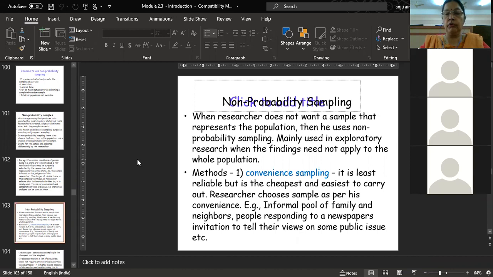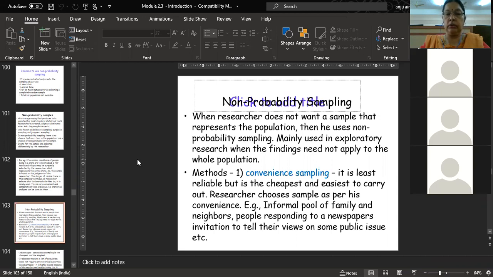Suppose you want to find out the opinion of people regarding a public issue. You want to find out what their opinion is regarding some issue. So you will collect as per your convenience. You will collect your family members, your neighbors, those who are staying close to you.